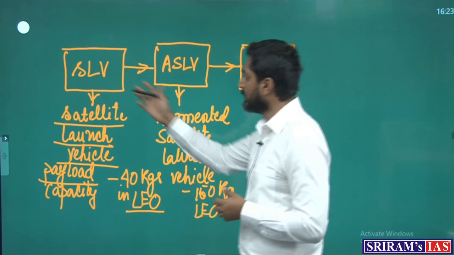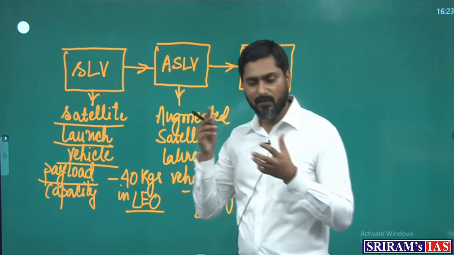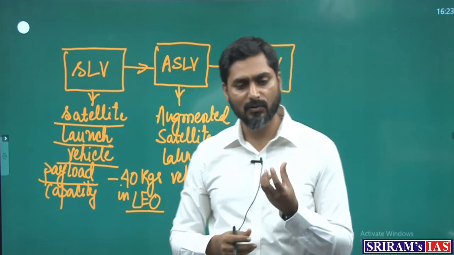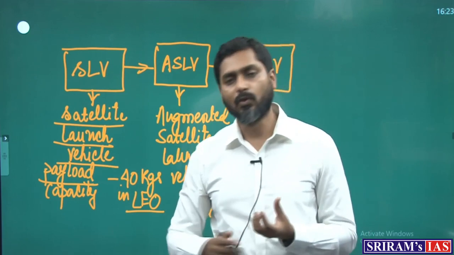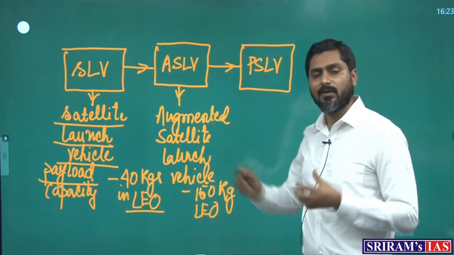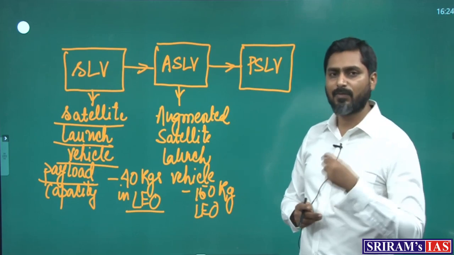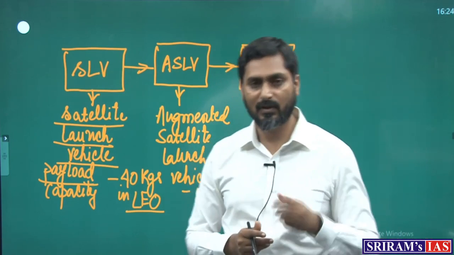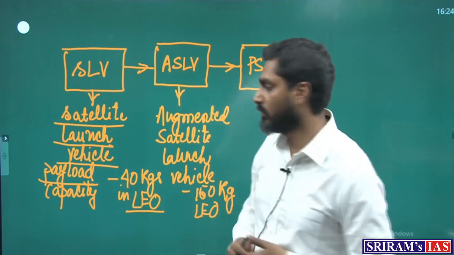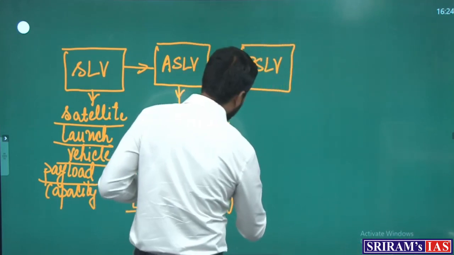In the SLV and ASLV we were using only solid fuel. Only in PSLV we first started using liquid engines, and since then we have been able to increase the capacity of the launch vehicle to a higher level. What is the payload capacity of this?